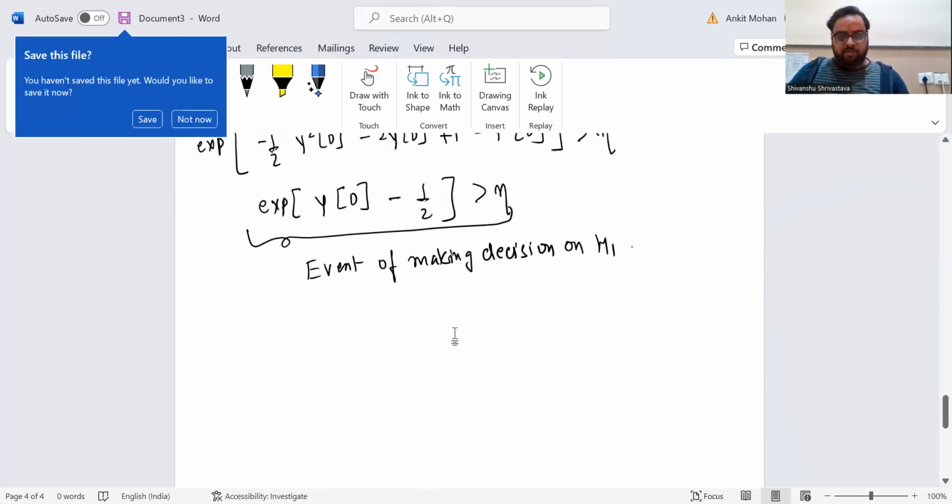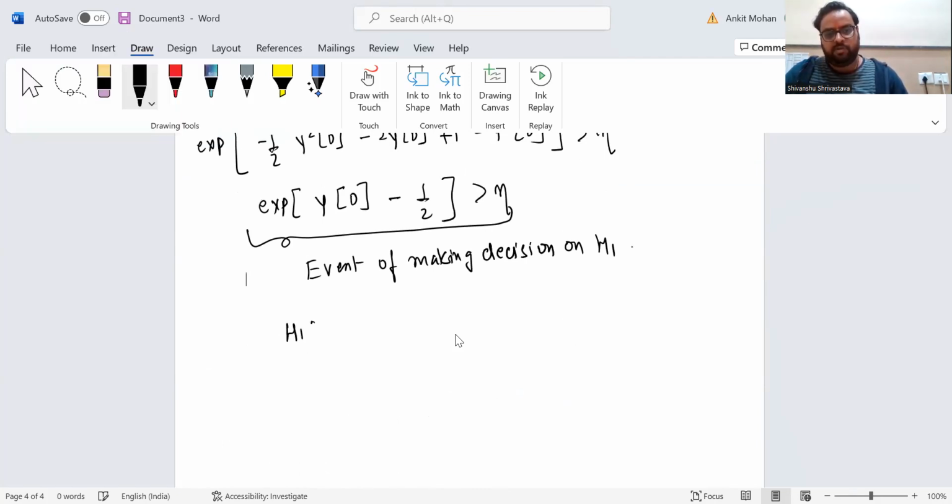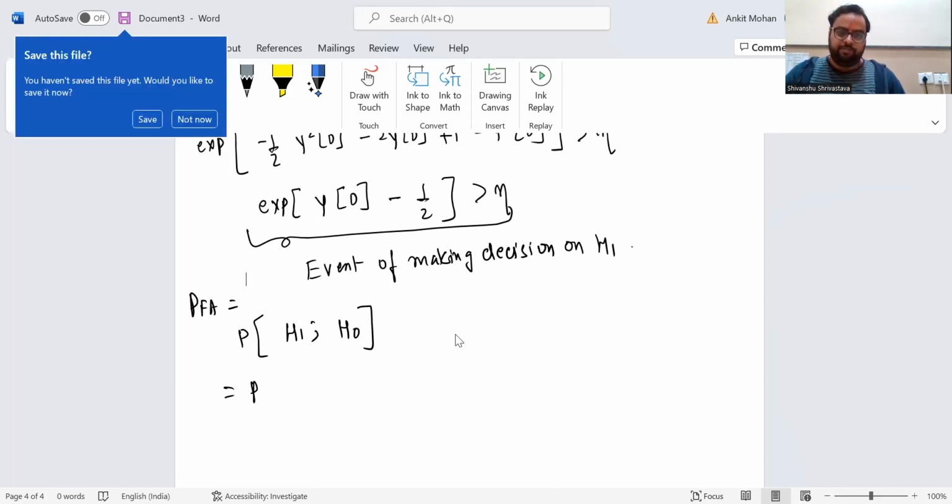And suppose if I say that in actuality H naught was transmitted, the same thing, the probability of false alarm, this is this. So what would this probability of false alarm look like? This is the probability of false alarm that H naught was actually true, but we have decided H1. So how are we going to decide H1? When this event is going to be true.